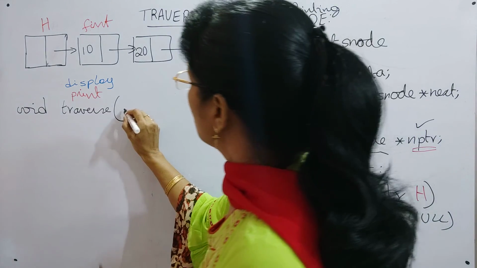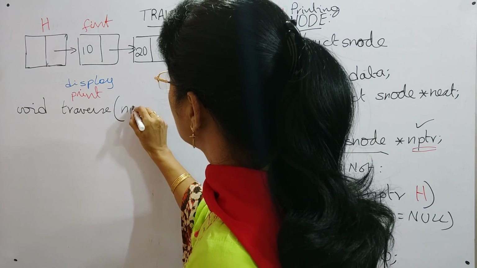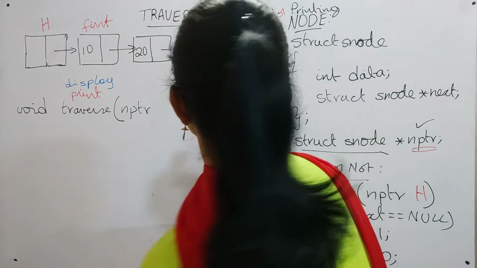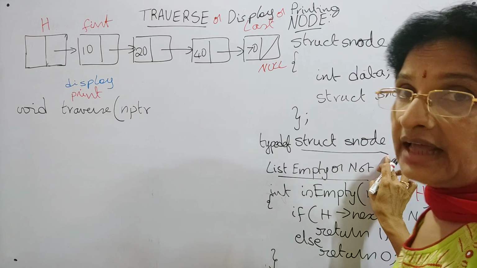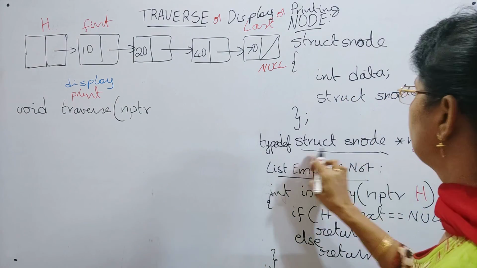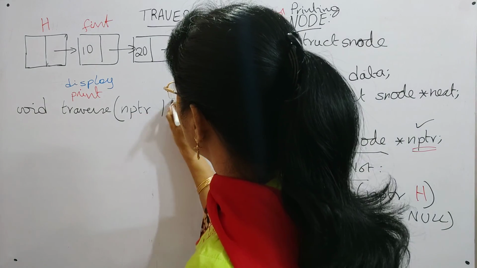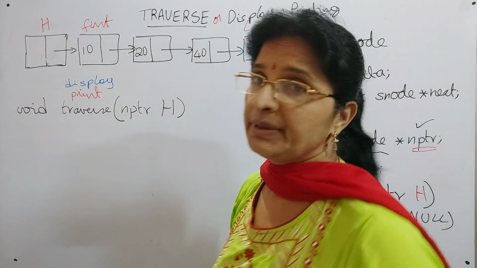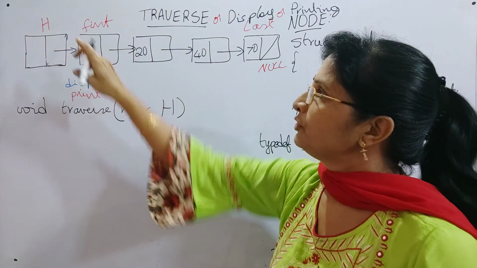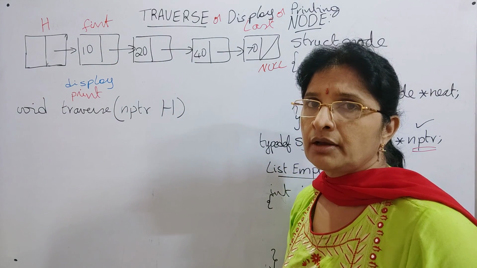So you have to pass nptr, which is a typedef, a new name given for struct snode asterisk. So nptr h means you have passed the header node of your linked list.